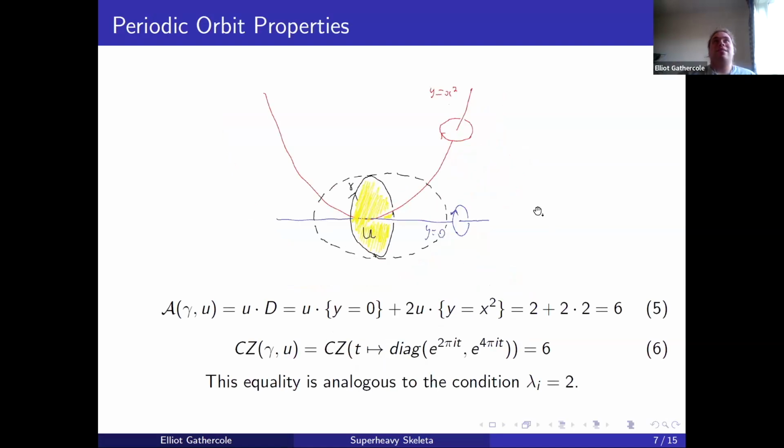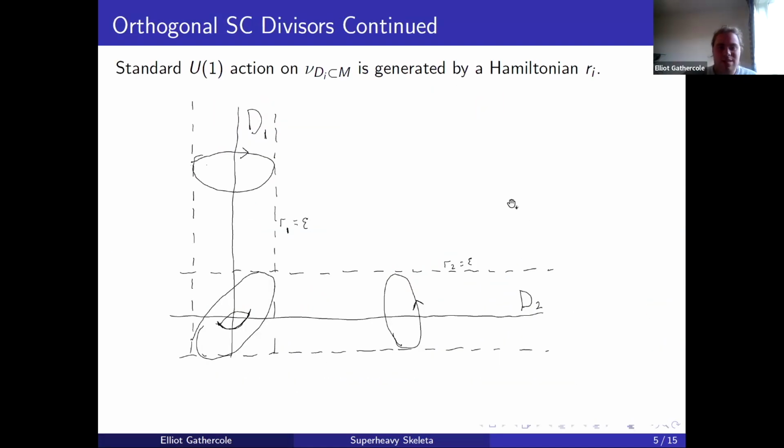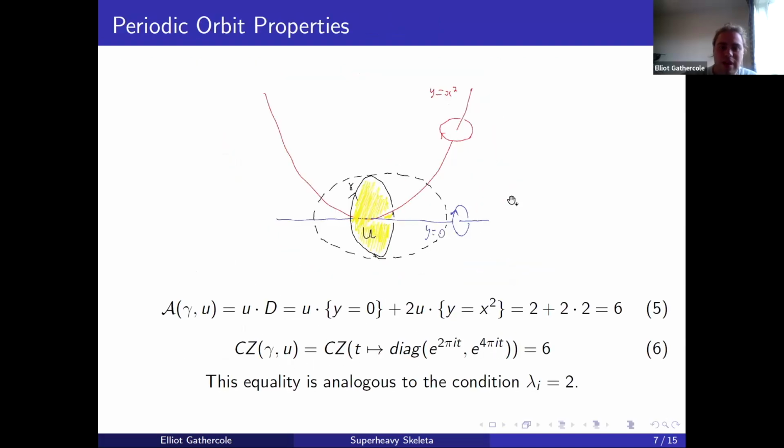And as in this SC divisor case, we want to extract some numbers from these circle actions, which we then use to prove things about the Hamiltonian that we're going to construct.